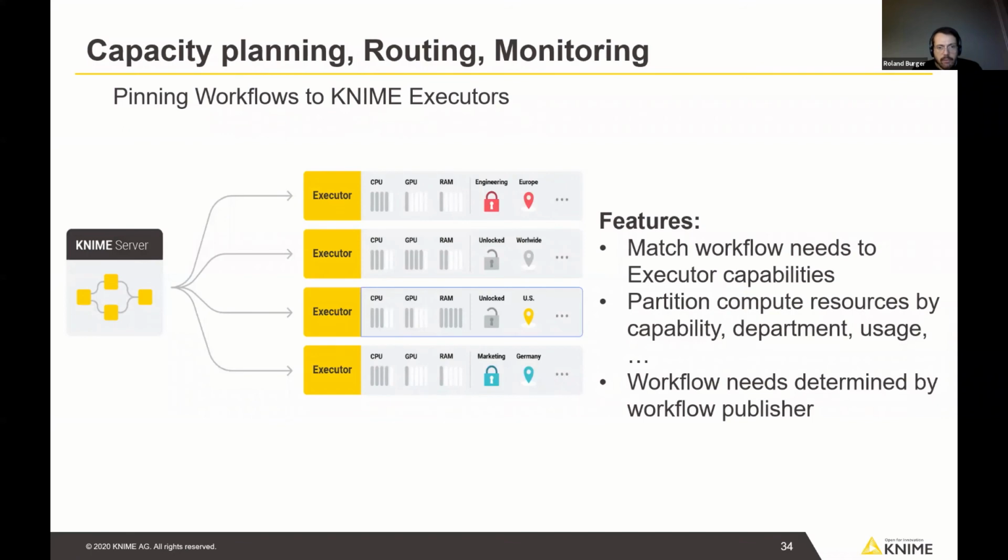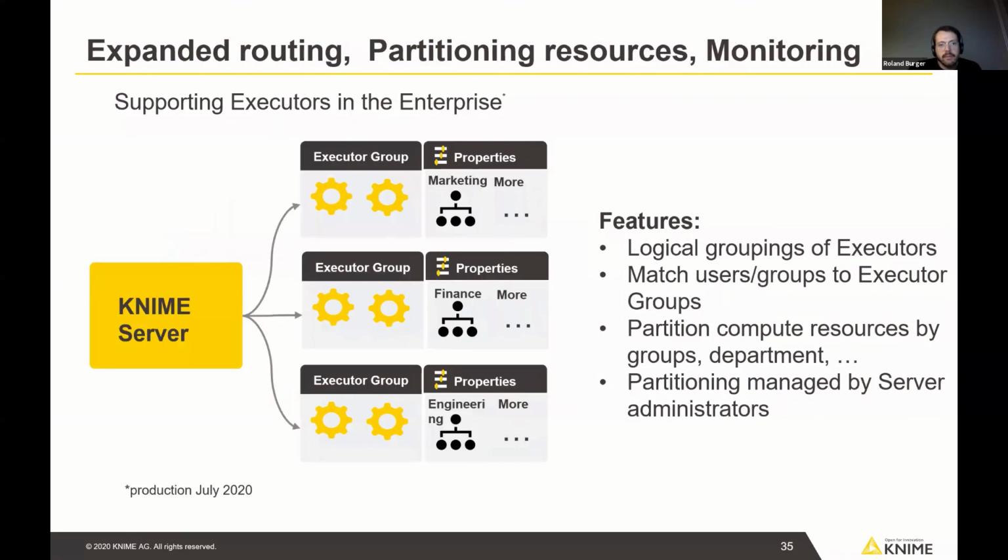The other thing you can do in terms of reservation is executor groups, which is very nice for having one single KNIME server that serves a very heterogeneous environment, not only in terms of capabilities in execution like GPU, memory, whatever else, but also in terms of the people who start the workflows.